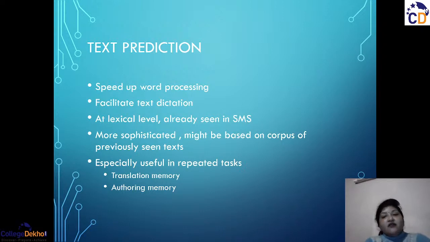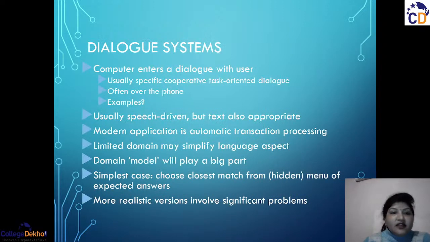When we talk about the processing of language, processing of text, it is one of the applications of AI only. Next we have dialogue systems. Earlier we had ERPs, where you have some fed information and it provides that particular type of answer, right? But nowadays what we are using is dialogue systems.